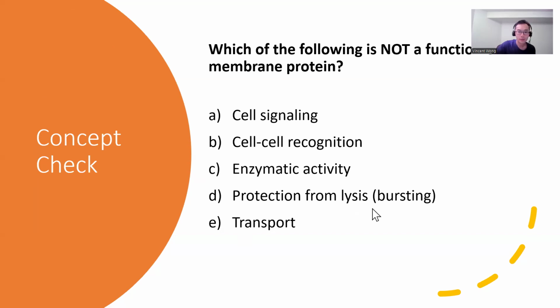All right, thank you to those who've answered the question. The correct answer is D. We talked about six functions, and D is not part of them. The cell wall protects the cell from bursting, not membrane proteins.